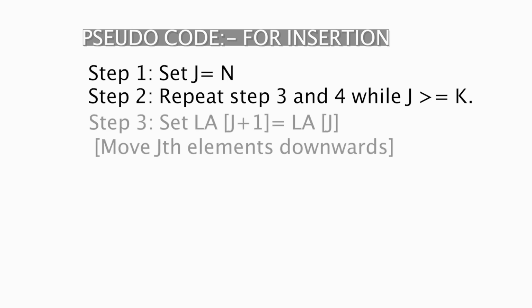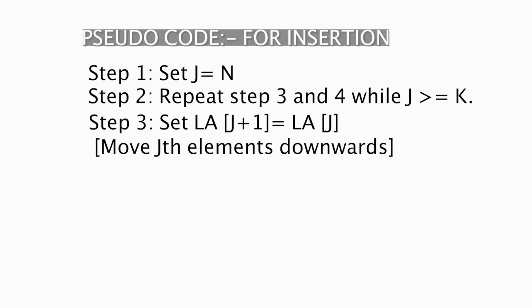In step 3, we move the jth element downwards: set LA of j plus 1 equal to LA of j. It means we assign the value of LA of j to LA of j plus 1.